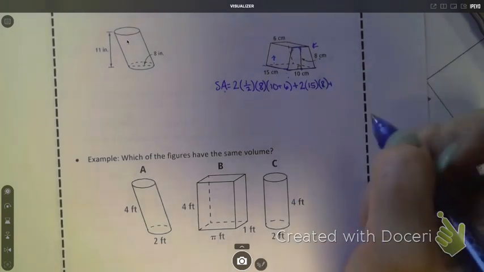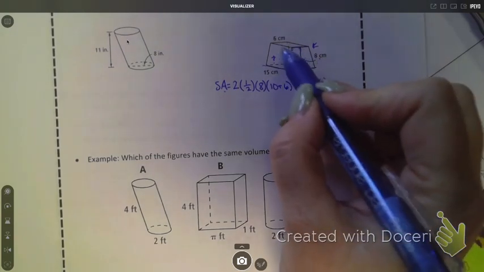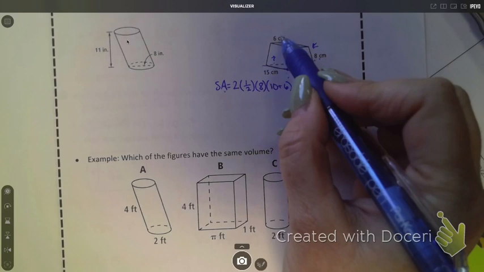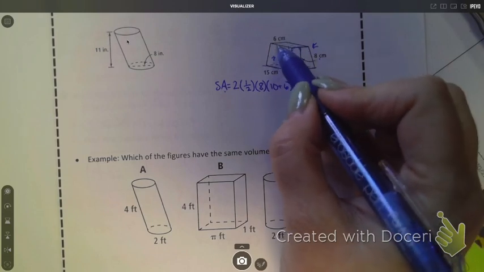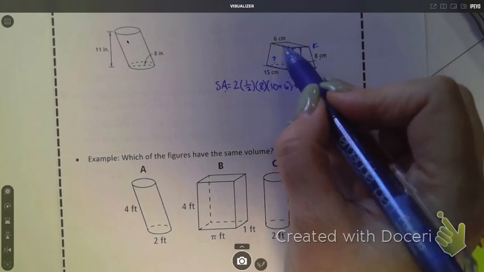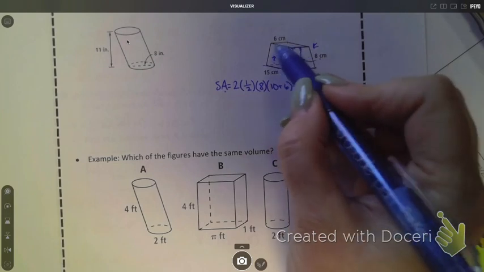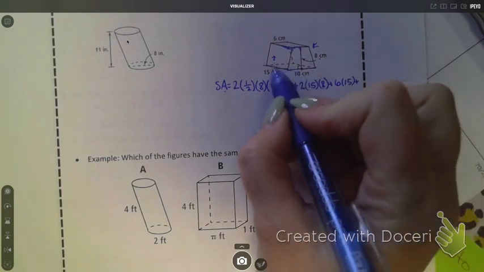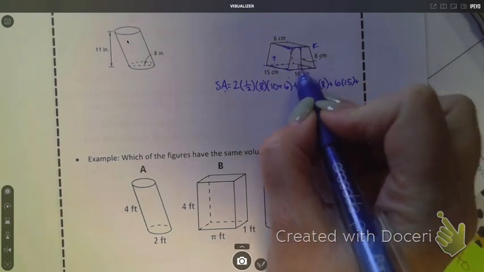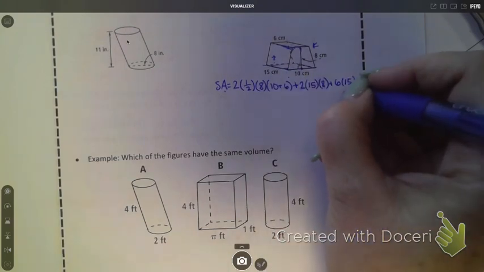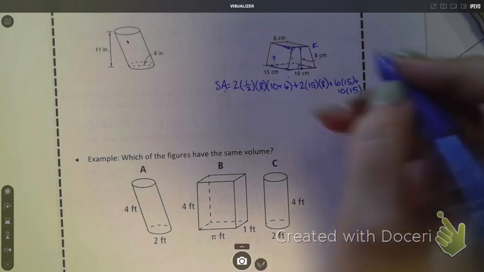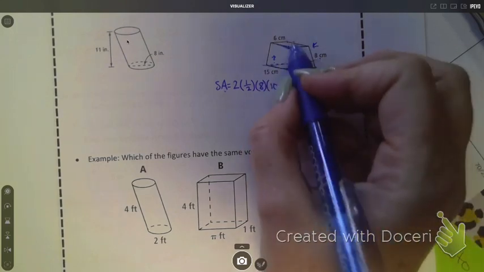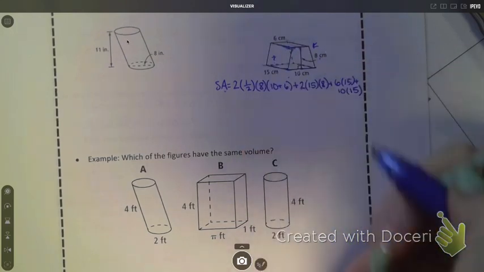Plus, now the top, 6 by 15. See, I'm tracing my picture to keep myself straight. The bottom is 10 by 15. My pictures will look all messed up because I'm keeping my brain straight.